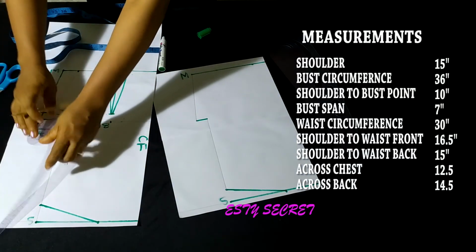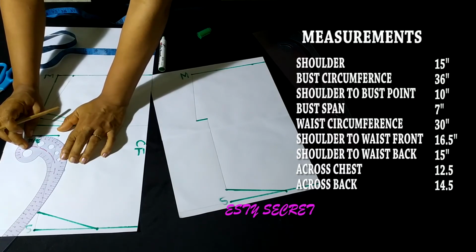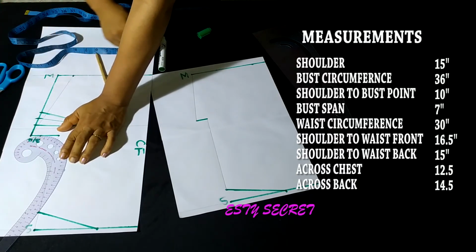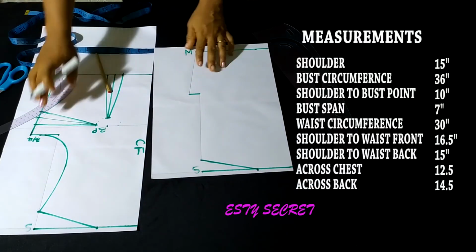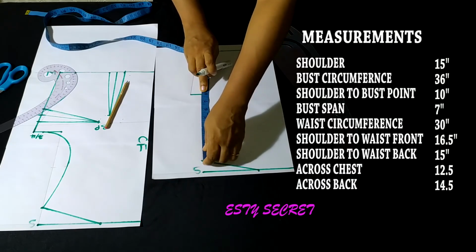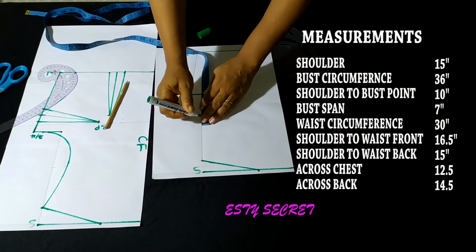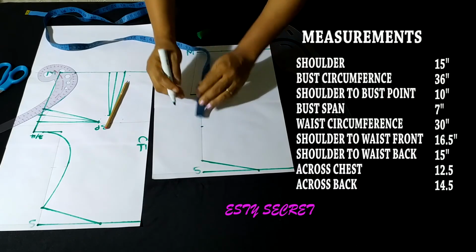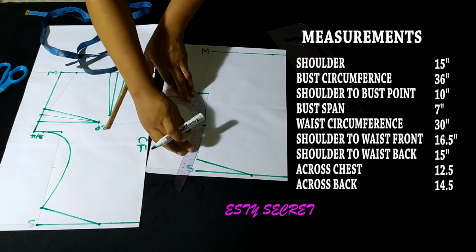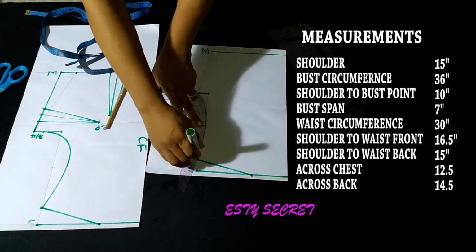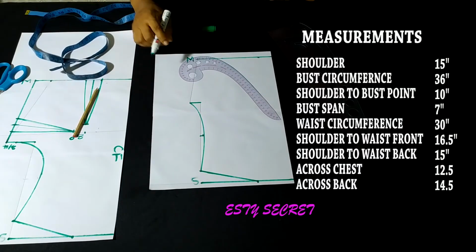So next thing to do is get your hammer cuff and connect this out nicely. You can also find the midpoint of your back armhole like so. This is the midpoint. Connect your points. So this is basically it.